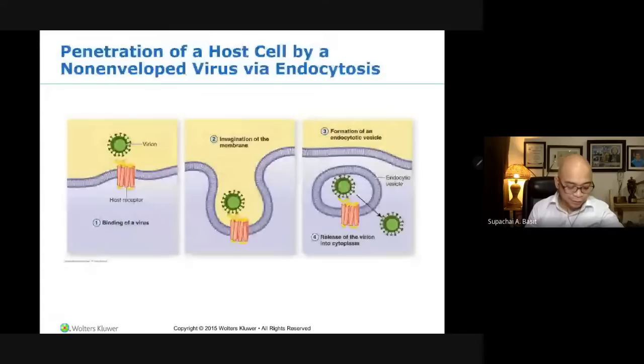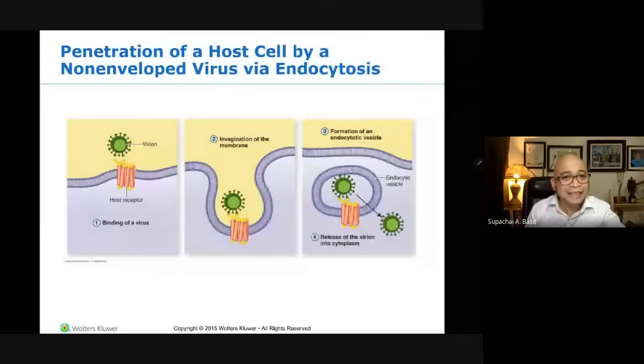Okay? So this is now an example of viral penetration. This is an example if the virus is a non-envelope virus. So the penetration will happen by means of endocytosis. Endocytosis is simple.